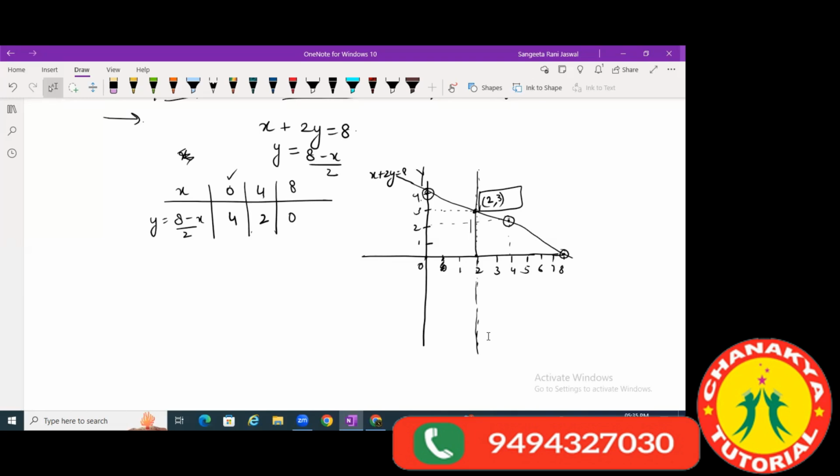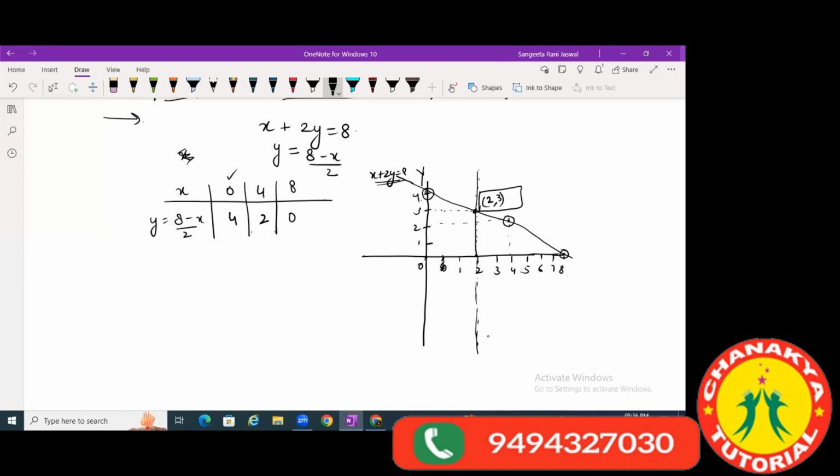Any point, beta? Ma'am, you took x as 2 and y as 3. Like that, can we take any point on the graph? No. Only that point where this line will intersect the other line, this equation line. You cannot take any point.